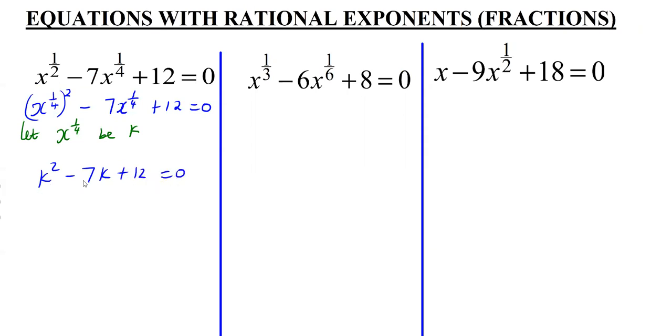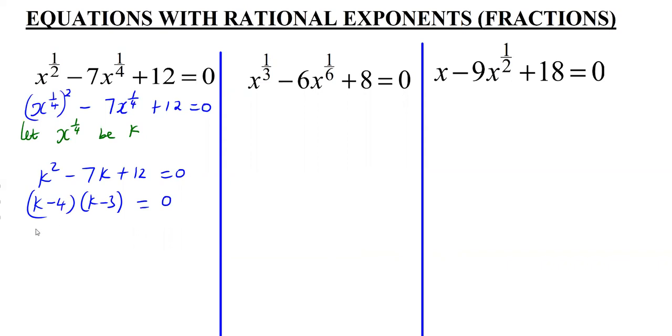Then from there, you can look for factors of 12 that, when we add them, give us 7, and when we multiply, give us 12. Those two are going to be negative, because when you multiply, they give us positive 12, and when you add them, they give us negative 7. So it's going to be k minus 4, k minus 3, which is equal to 0.